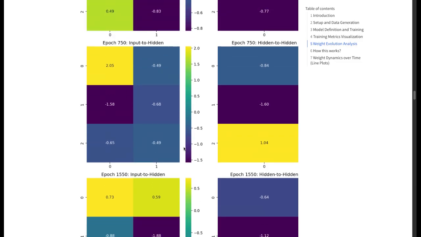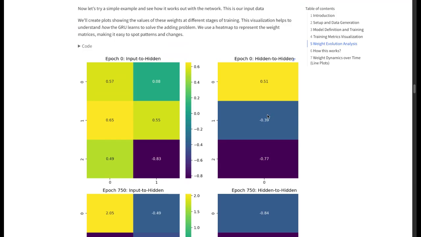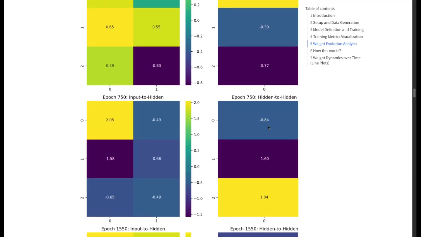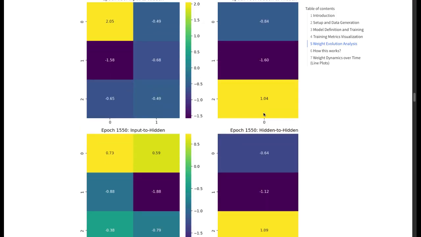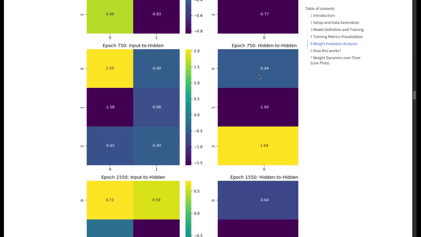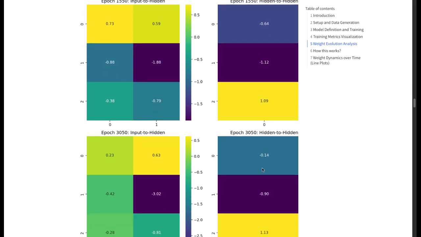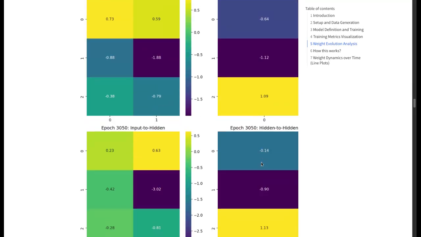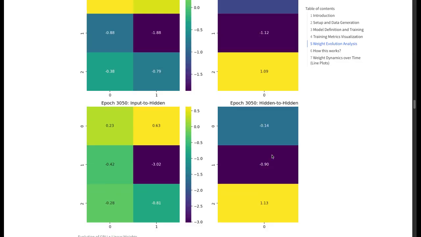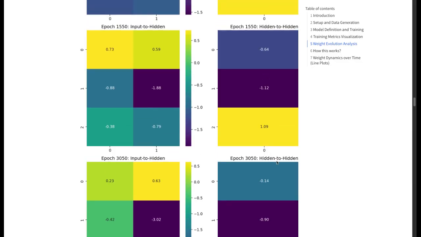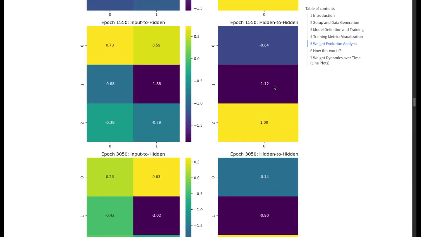We will see more about this later, but first of all, hidden to hidden stays; it changes after this, but then it stays the same. So it's like blue, violet, yellow, blue, violet, yellow, blue, violet, yellow.